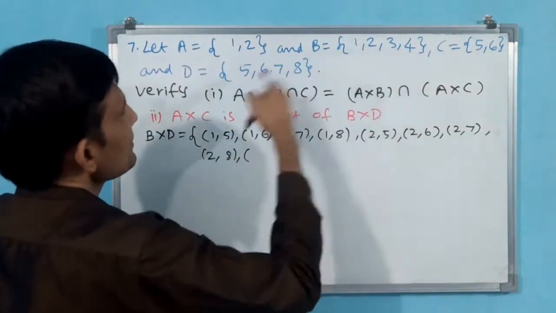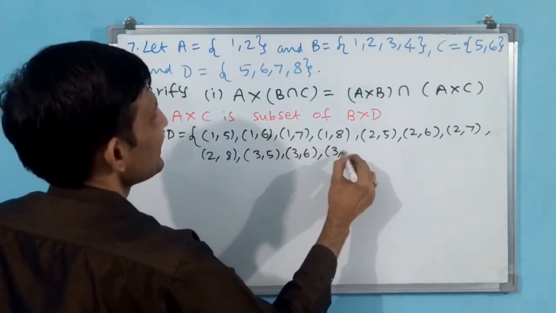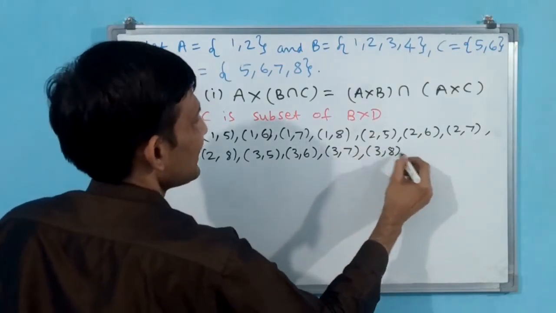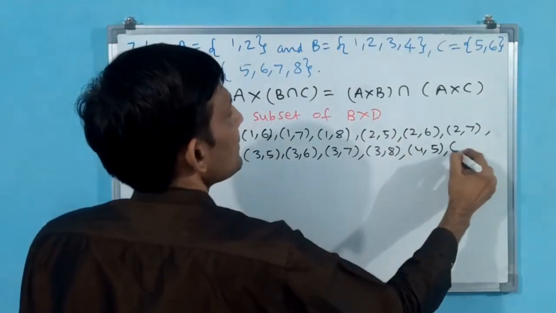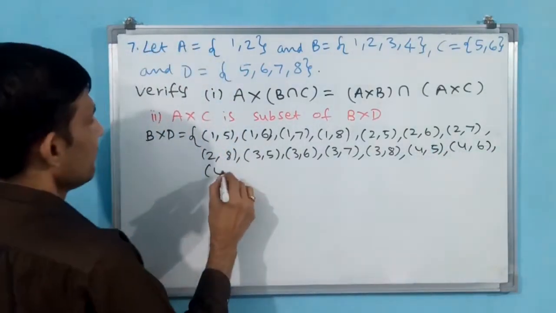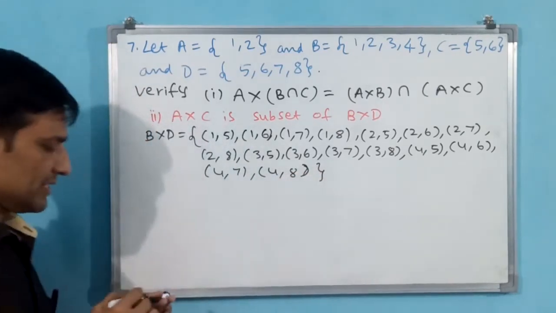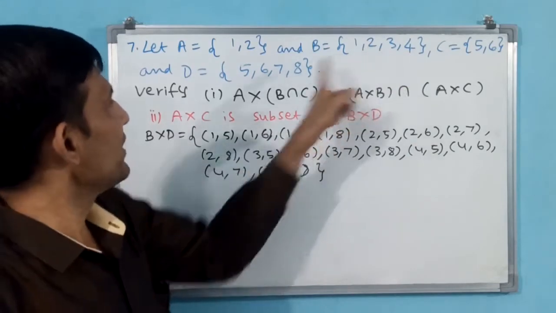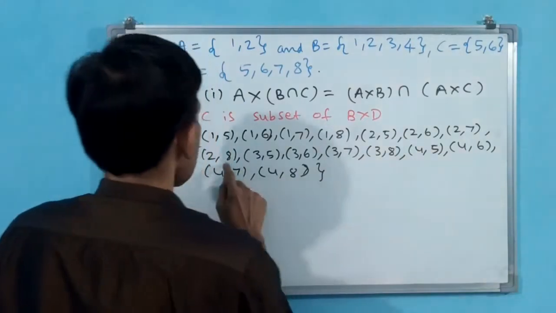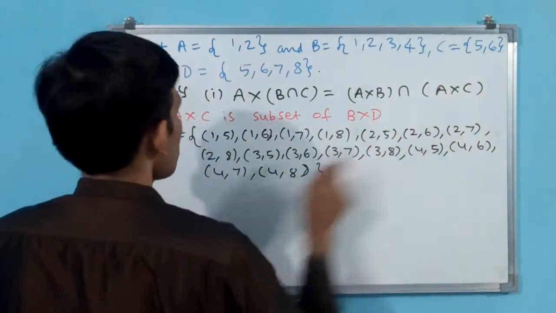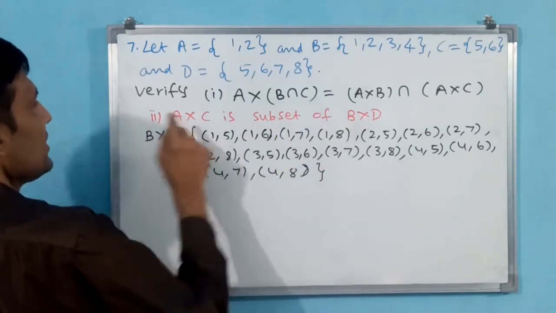After 2, you finish with 3: (3,5), (3,6), (3,7), (3,8). After 3 with 4: (4,5), (4,6), (4,7), (4,8). Close the braces. Now you count. 4 into 4, 16 have to come. 1, 2, 3, up to 16. 16 have come.